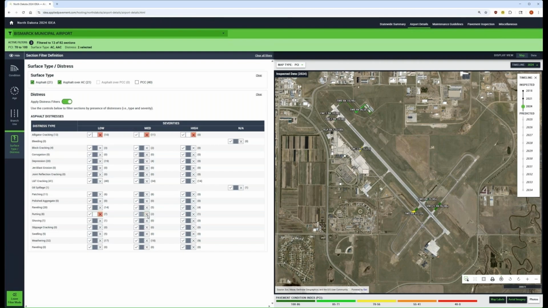These are load-related distresses. And in this example, I do want to see those that have L&T cracking or block cracking, or possibly, let's say, weathering.